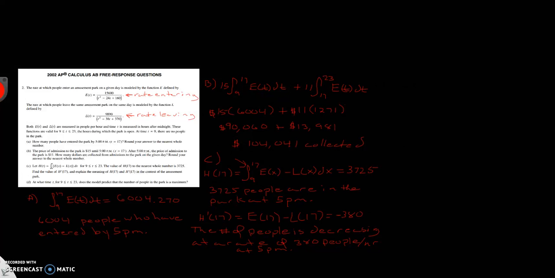If you want to find where the max is, that's where the slope changes from positive to negative, but it has to equal 0. So what we're going to do is E of t minus L of t equals 0. And now we're going to solve using our calculator.